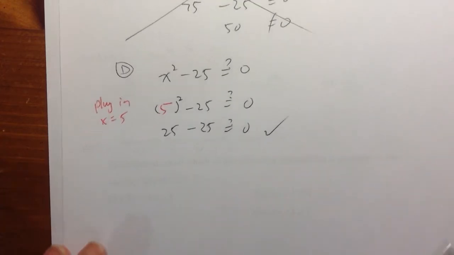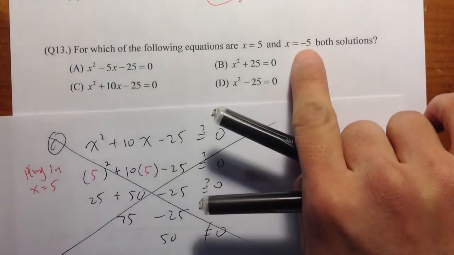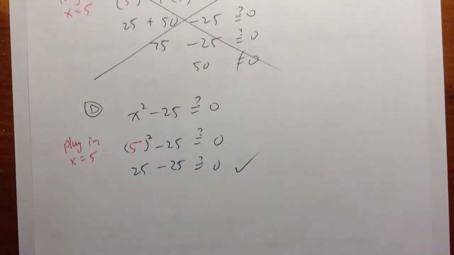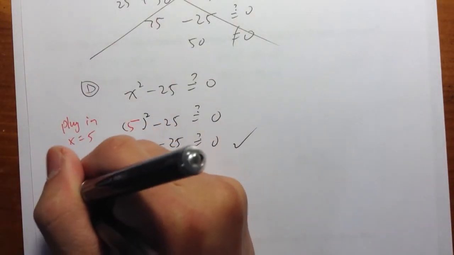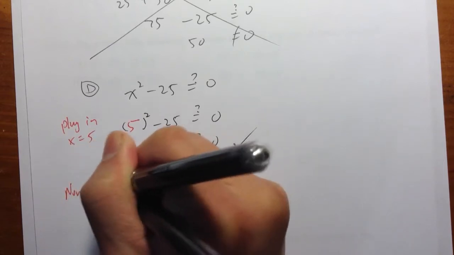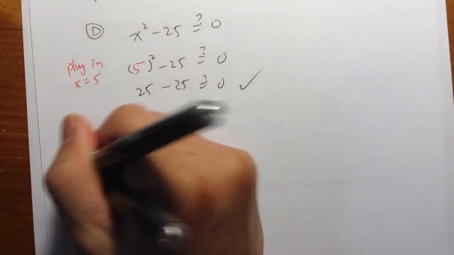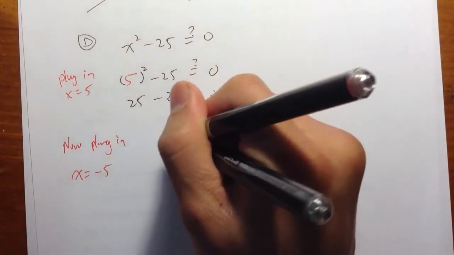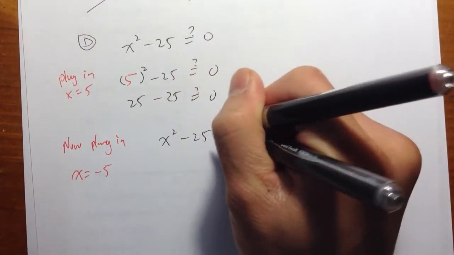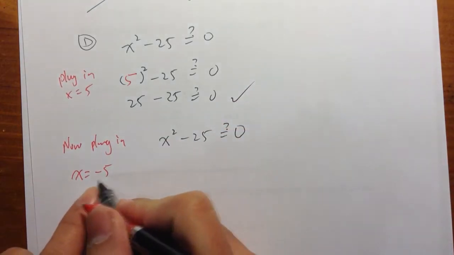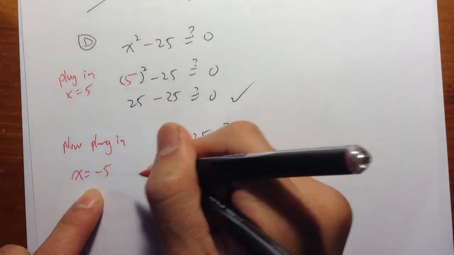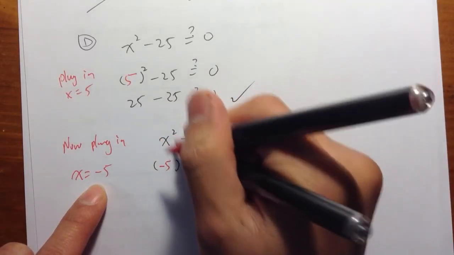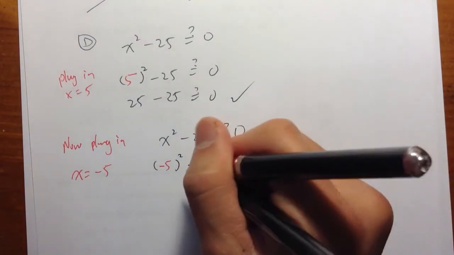Good. Now, we also have to check negative 5, because we want to make sure that these two are both solutions. So now we plug in x is equal to negative 5. So x squared minus 25, will that be 0 when I have negative 5 for x? Open the parentheses for the x, put a negative 5 inside, with the square on the outside, minus 25.